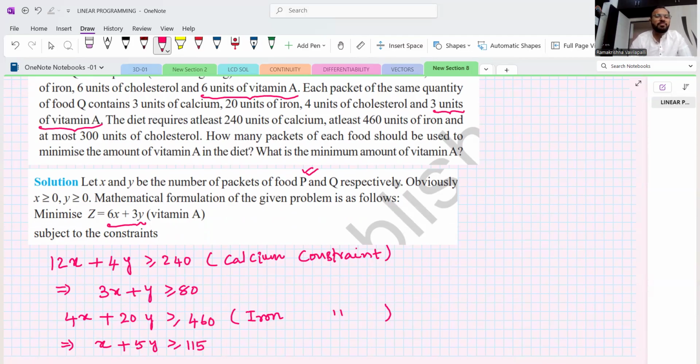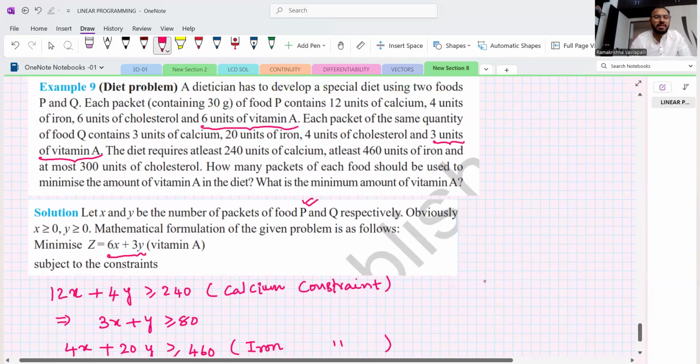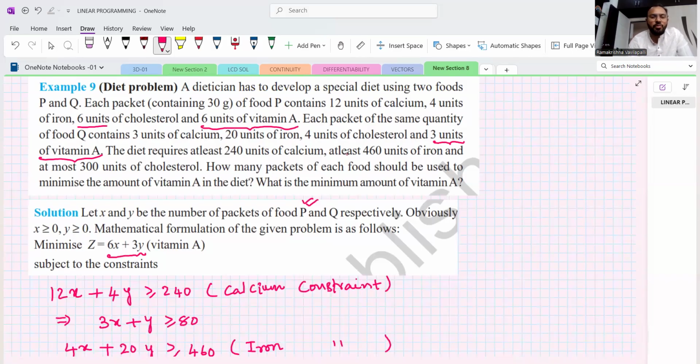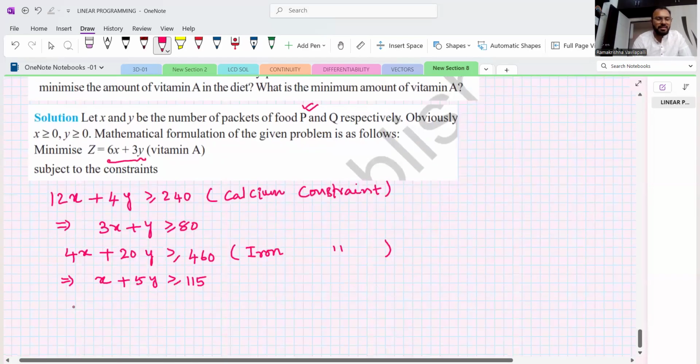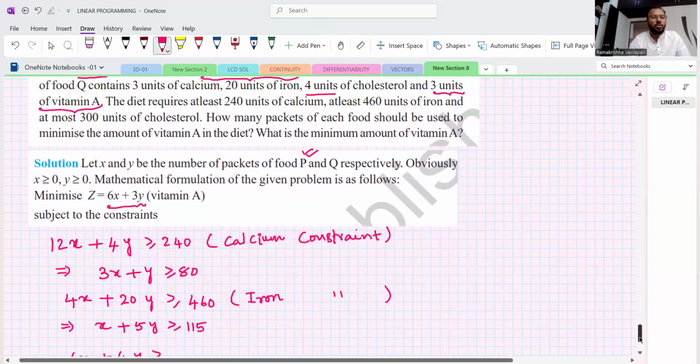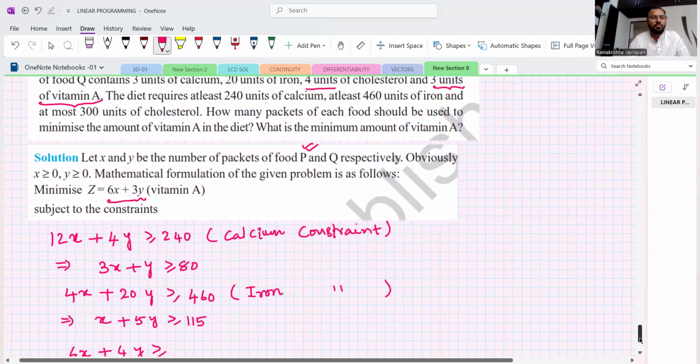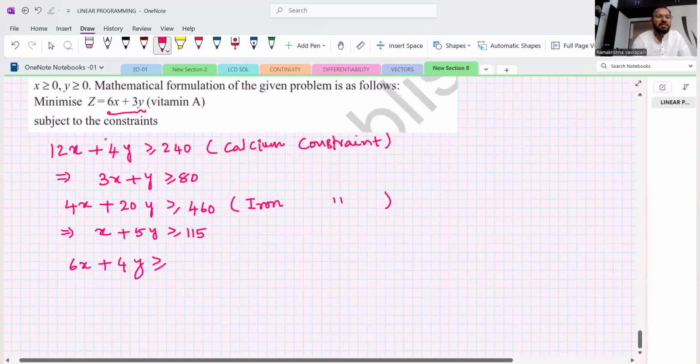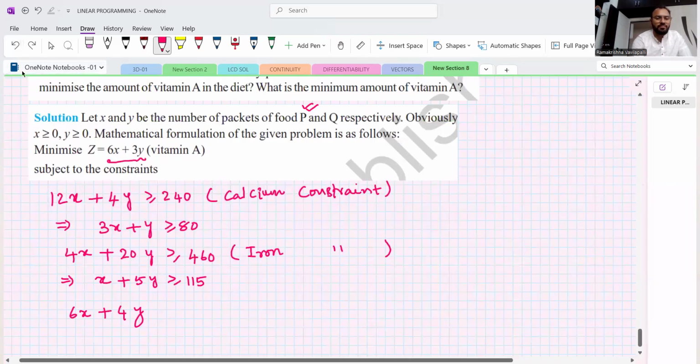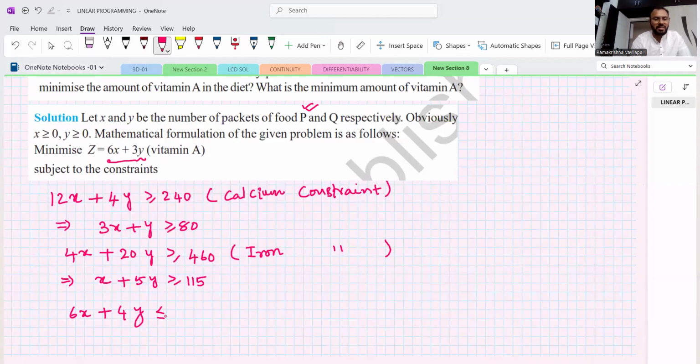Now regarding cholesterol, how much cholesterol is used in each packet of product P? Here the cholesterol is 6 units, whereas for product Q it is 4 units. So 6x plus 4y. What is the amount of cholesterol allowed? At most 300 units of cholesterol. At most means less than or equal to. So 6x plus 4y is less than or equal to 300.